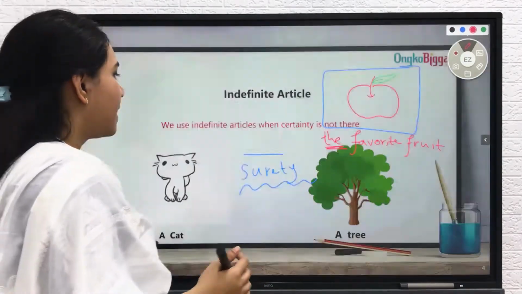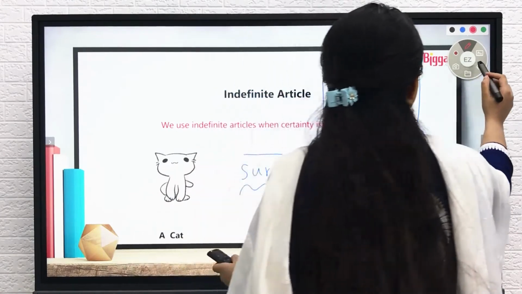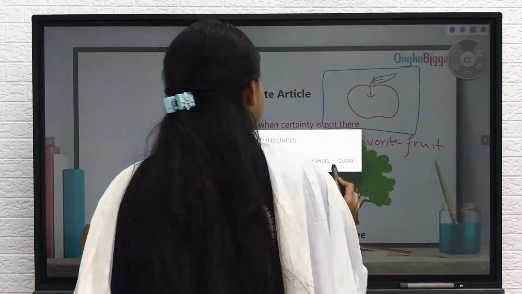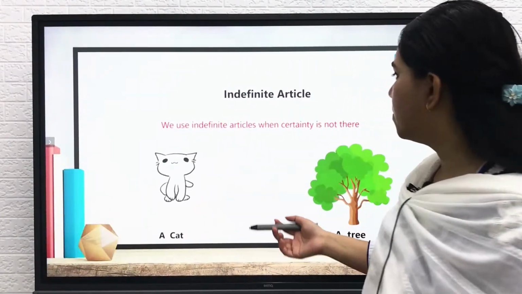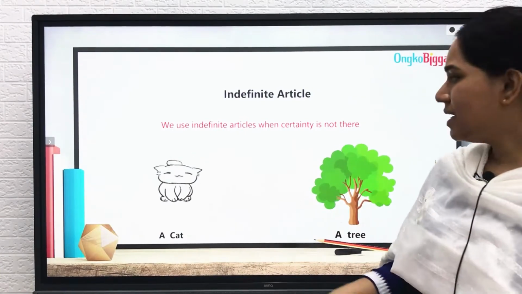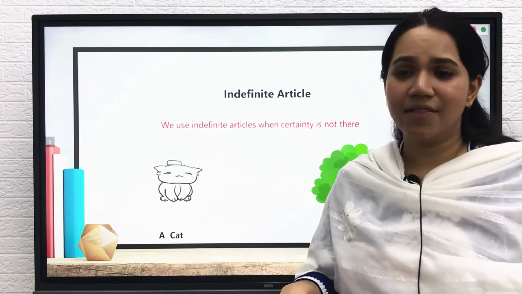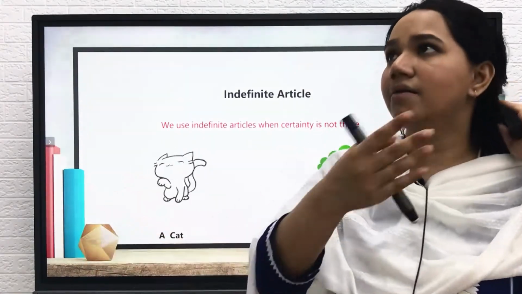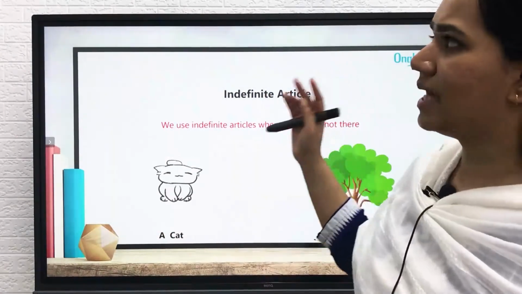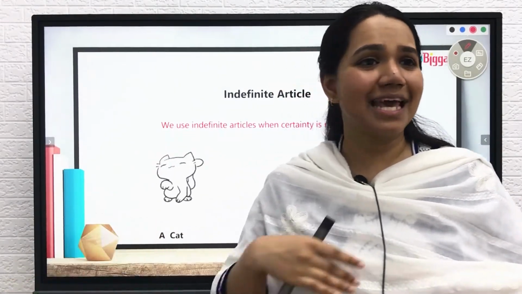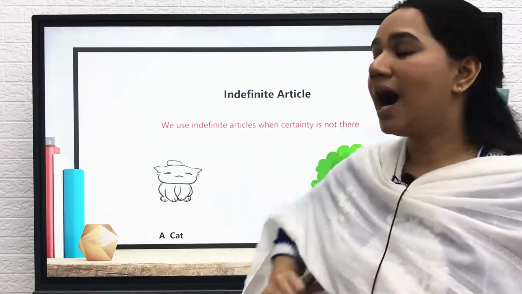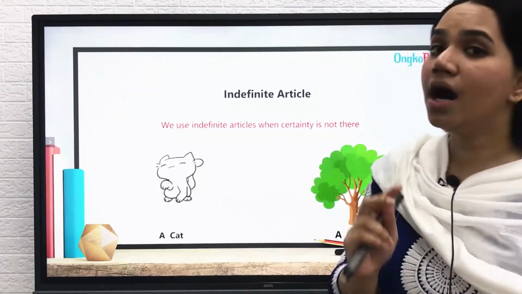Let's move on. Then we see the indefinite article. The indefinite article will work when there is no certainty. This is a cat. If you see any cat that is roaming around or walking around or, let's say, just laying lazily somewhere, I will say that it is a cat.